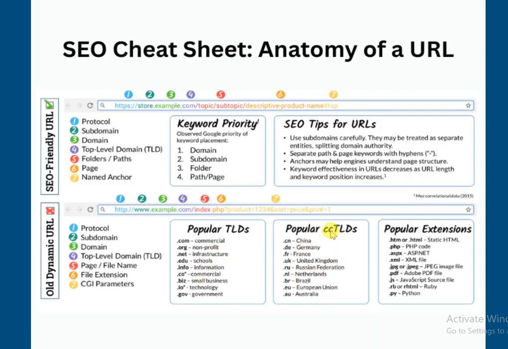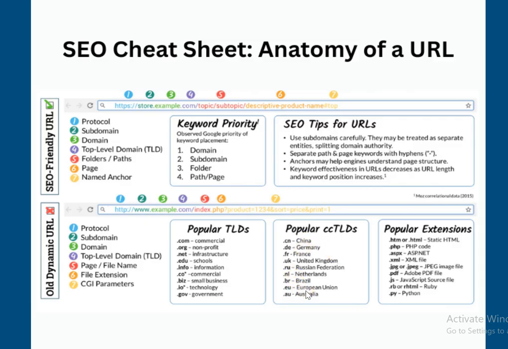These are the country level top level domains. For China they use .cn, for India we use .in, for Germany they use .de, France .fr, UK .uk. By seeing the website itself you can tell, oh, this is the UK website.